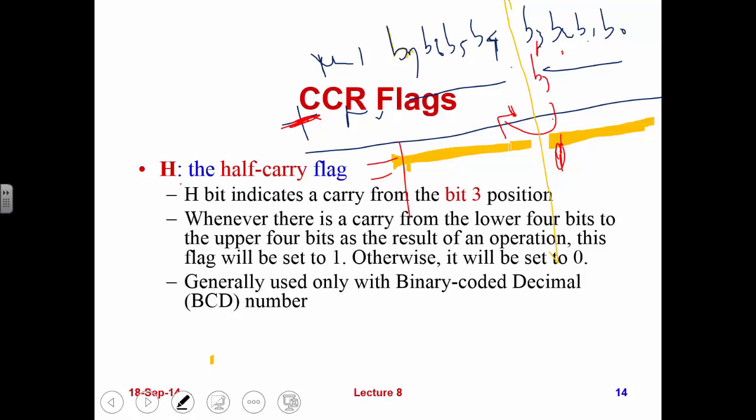In general, the half carry bit is only used with binary coded decimal numbers. That's why we simply call it the carry from bit 3 to bit 4, from the low order half byte to the high order half byte, or from the low order 4 bits. It only counts when it happens from here to here, not from here to here or from here to here.